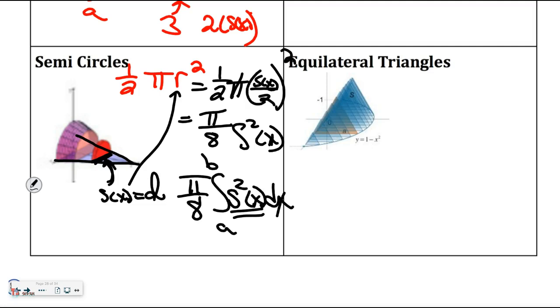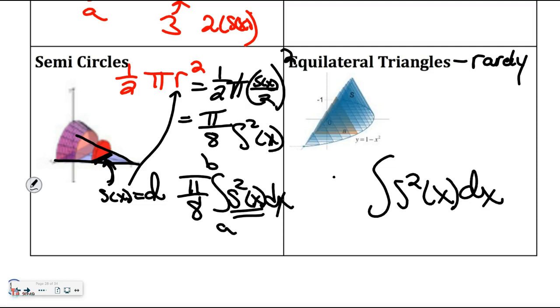Equilateral triangles, rarely will you see, because kids forget the multiplier up front. So I'm not going to derive it. I'm just going to tell you it still has the s squared in it and the dx, but there's a root 3/4 in front of it. Somebody in BC made the equilateral triangle one for me yesterday. Said I can't remember if I put a root 3/4 or a root 4/3 in front of here.